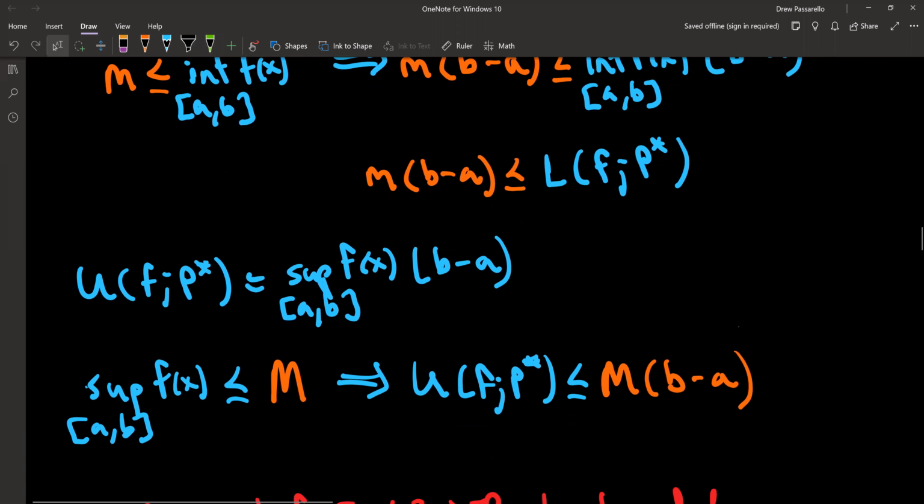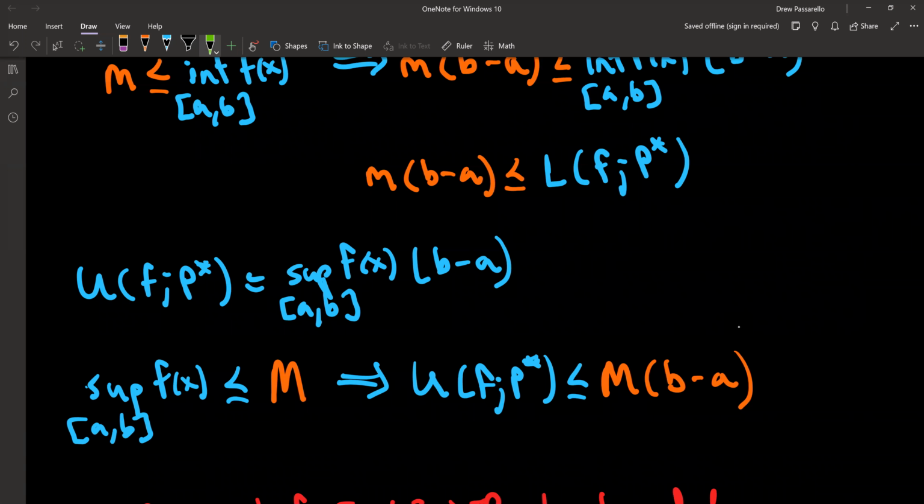And similarly, we get a similar thing with the upper sum of this 2-point partition, except that the sup of the function, that's the least upper bound of the function, is less than or equal to any other upper bound.